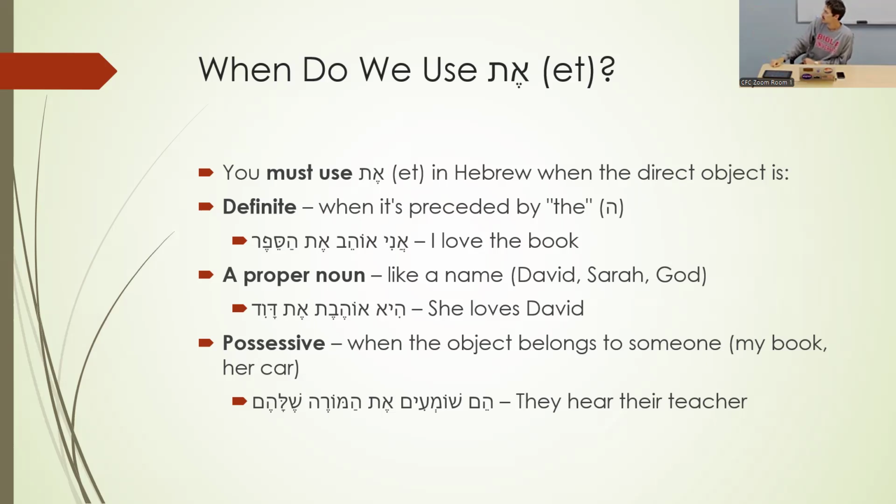And also when it's possessive and we encounter those pronouns as well, right? So we covered the personal pronouns and then we covered the possessive pronouns. I didn't stress the possessive pronouns as much, but for example, when you see possession within a sentence, הם שומעים את המורה שלהם, their teacher.